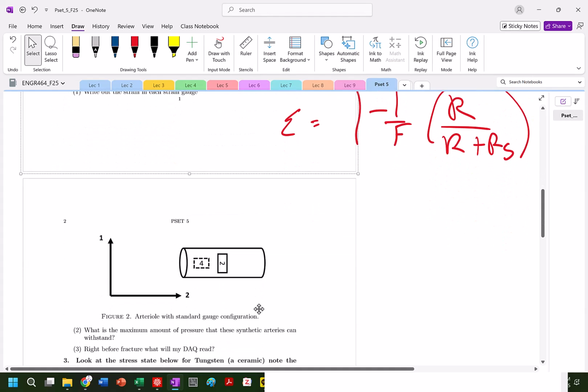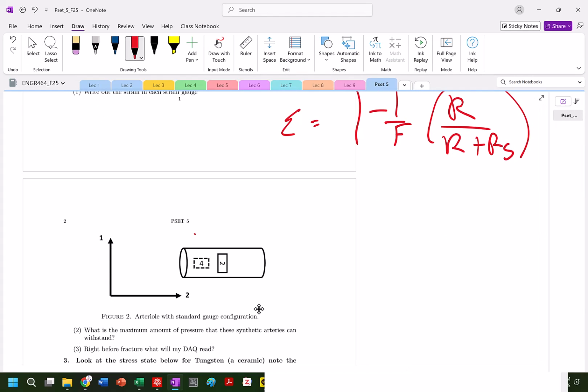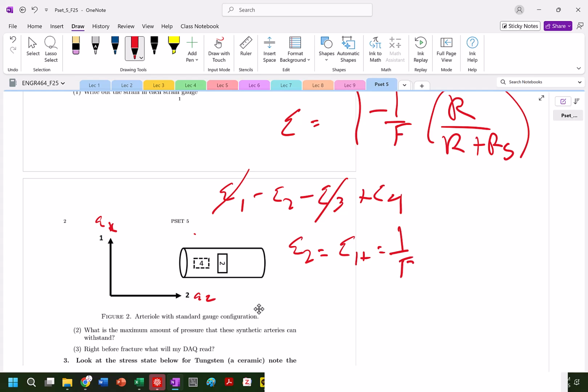Let's assume that we are going to be in a thin wall pressure vessel. That means our one direction is our hoop, our two direction is our longitudinal. So epsilon 2 is equal to epsilon h, which is equal to 1 over E times sigma hoop minus nu sigma l.